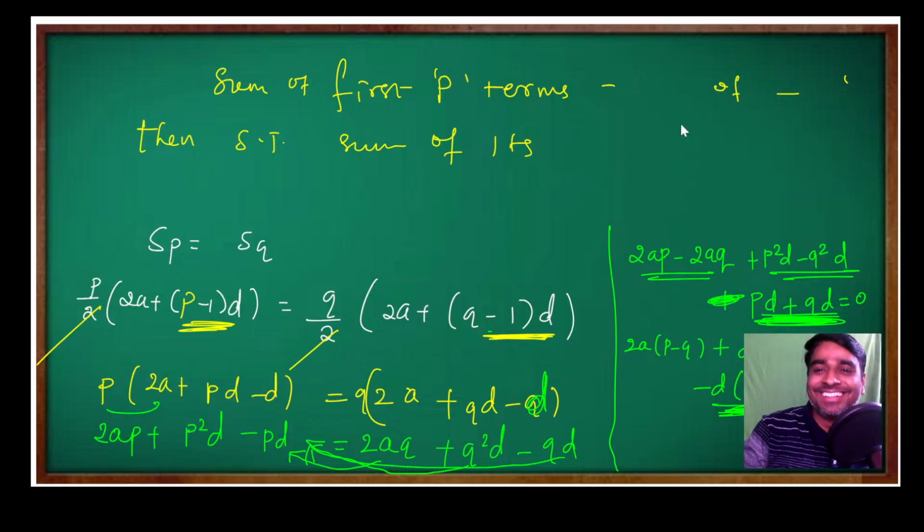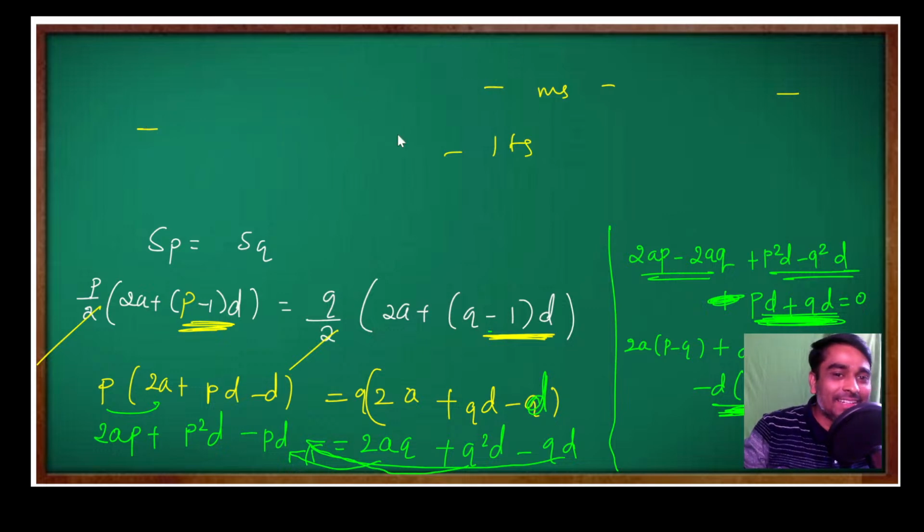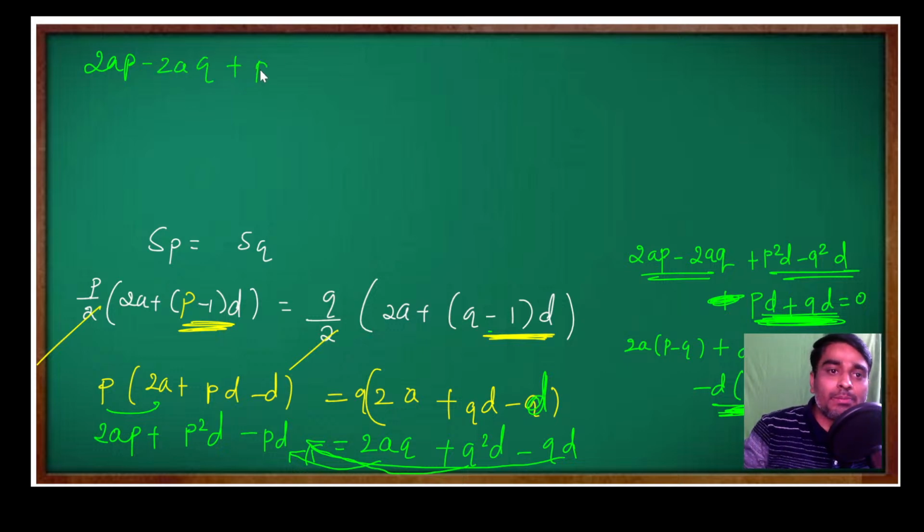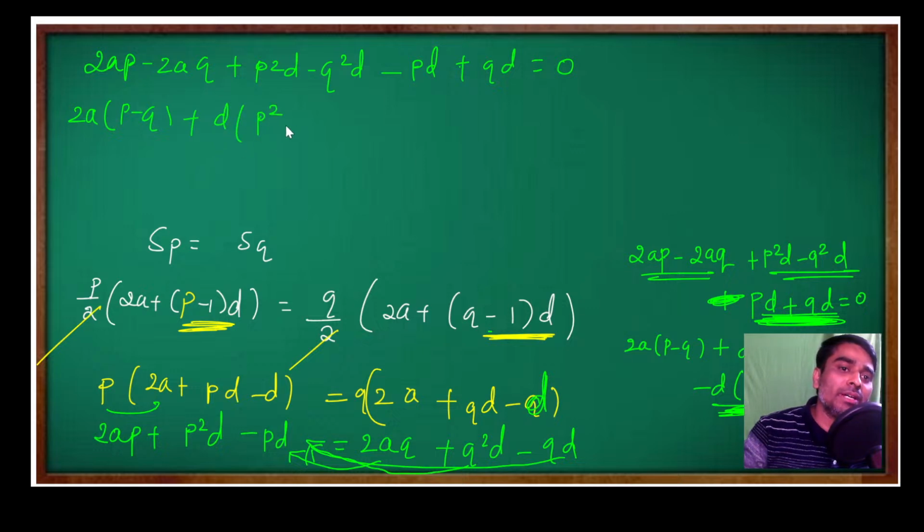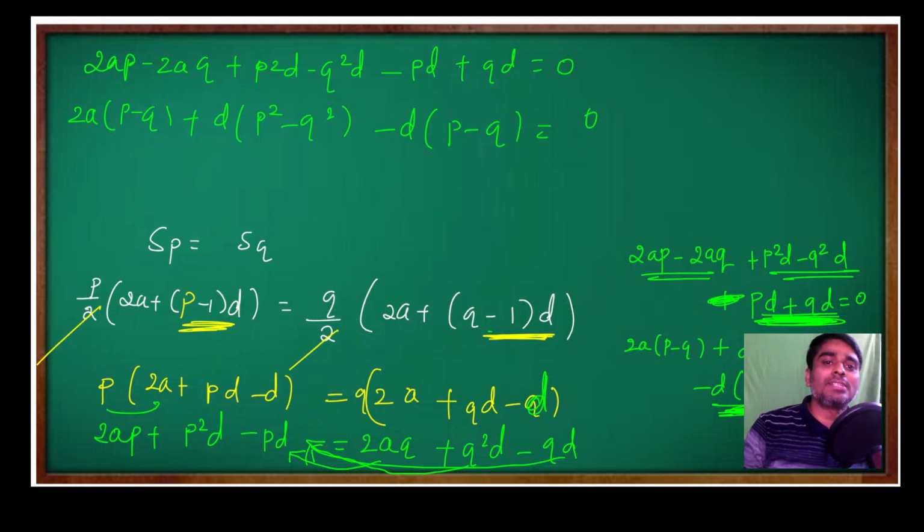Ayyo, big headache. Wait. I'll just put all this. 2ap minus 2aq plus p square d minus q square d minus pd plus qd equal to 0. 2a common, p minus q, plus d common, p square minus q square, minus d common, p minus q equal to 0.